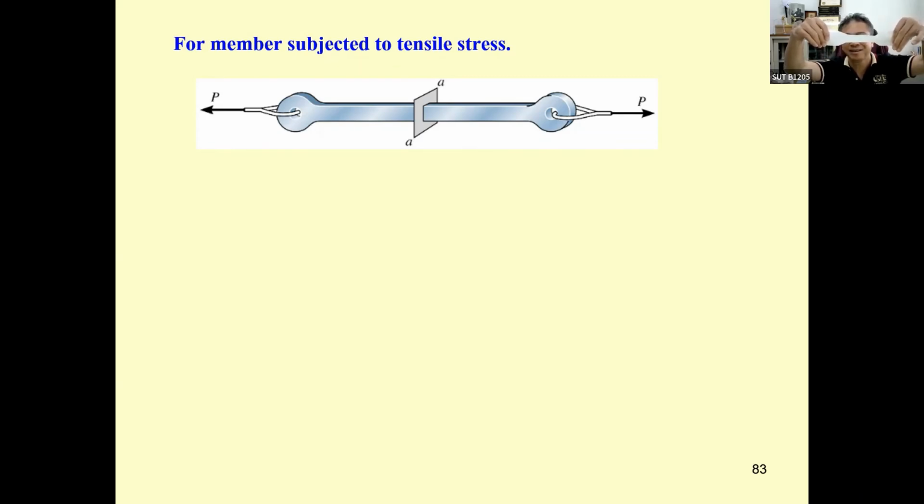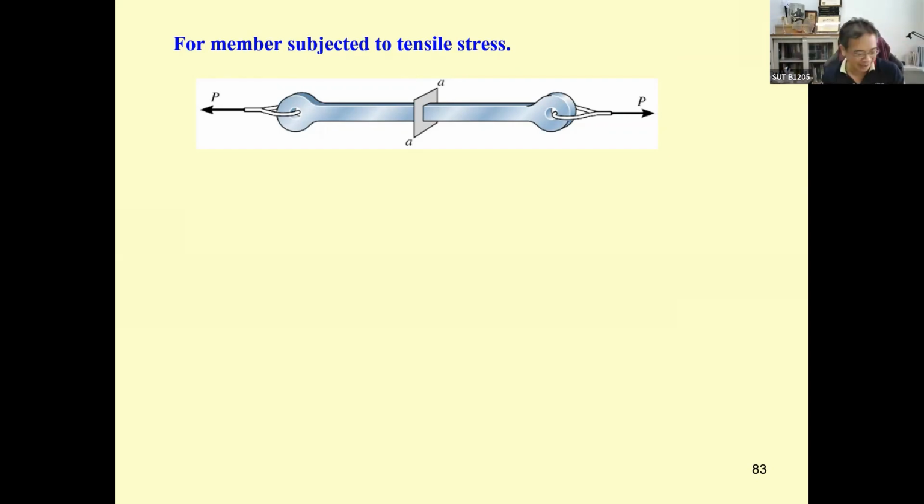If I pull this one, what do you think? In the middle. Okay, so I will show you. It's not in the middle. It's at the connection between the small and the big part. But the middle is okay because the sections here and here are close to each other.